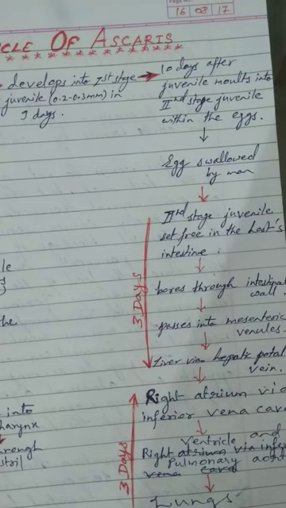Fertilized eggs develop into first stage juvenile, length 0.2 to 0.3 mm, in 9 days outside the body of human in the soil. Development of the first stage larva takes place outside the body of the host because it requires a lower temperature, sufficient oxygen and moisture.